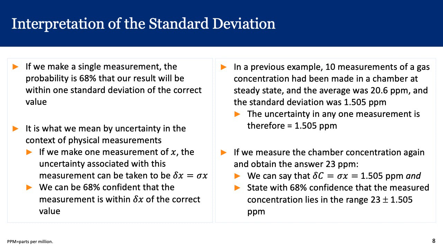Now, if you make a second measurement and obtain the answer as 23 parts per million, we again can say that the uncertainty in this measurement is 1.505, and we can say with 68% confidence that the measured concentration lies in the range 23 plus or minus 1.505 parts per million.